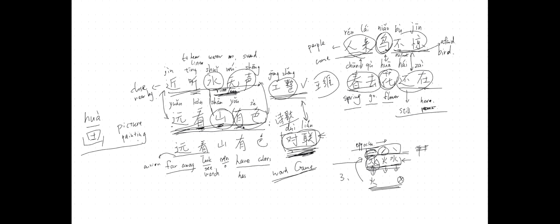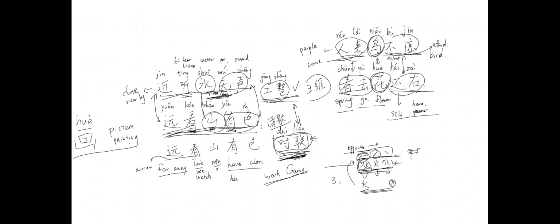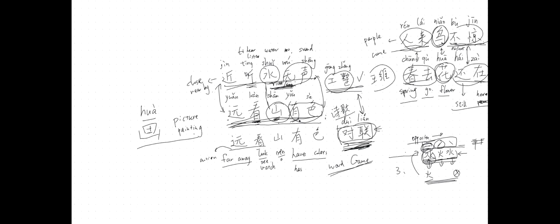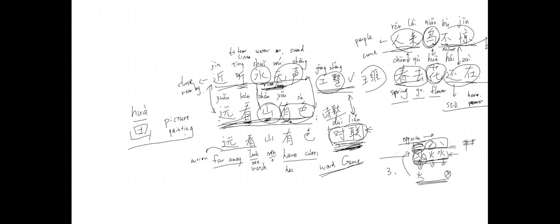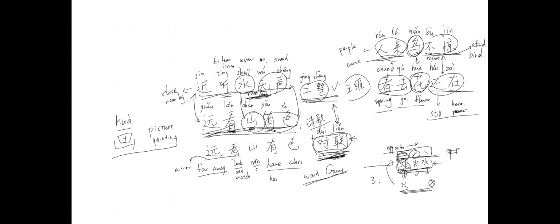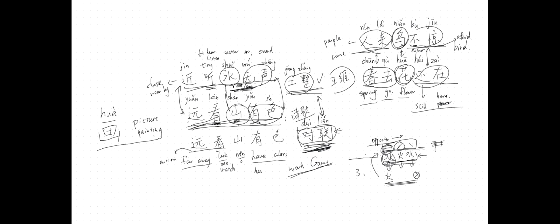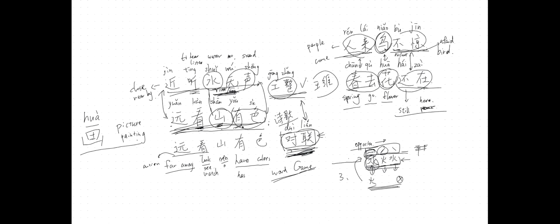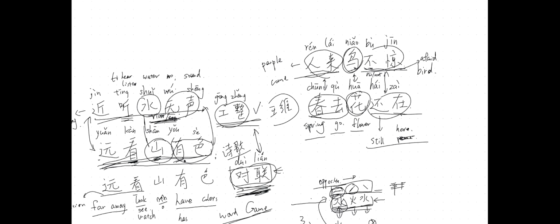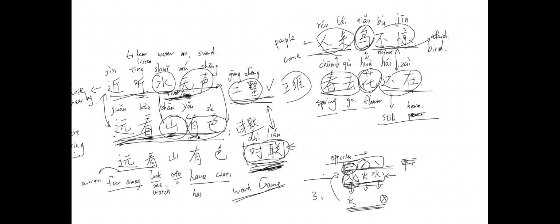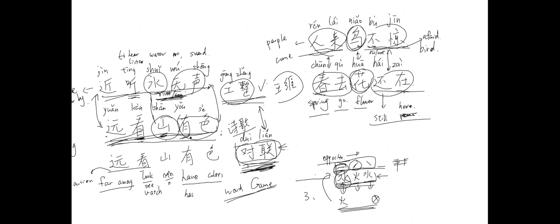Can you see it now? Susan, you see it? I can see your arrow here. Yes, I can see it. Okay, that's a good thing.